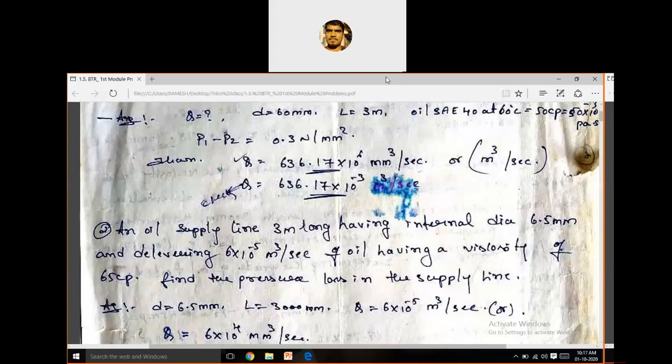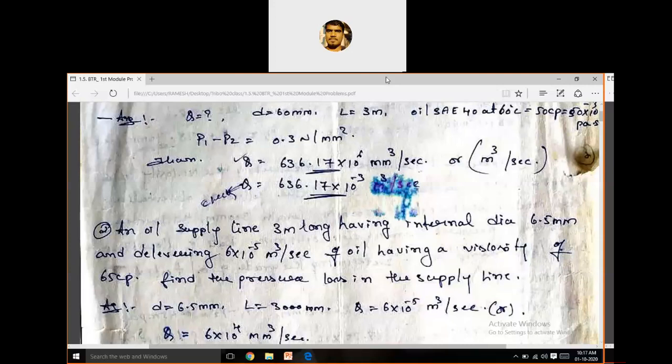Yes, in this problem you have to find the pressure difference P1 minus P2. They have given diameter 6.5. First write down the data given. D, diameter of the capillary tube, 6.5 mm, convert it into meter.